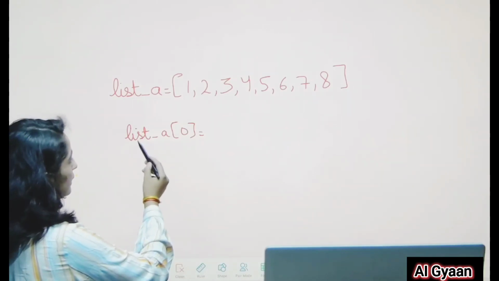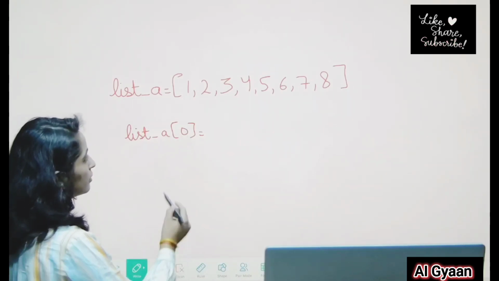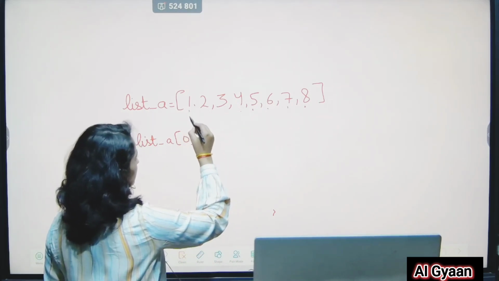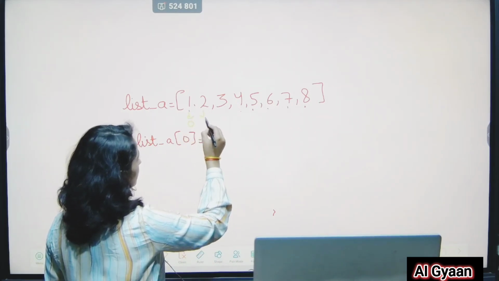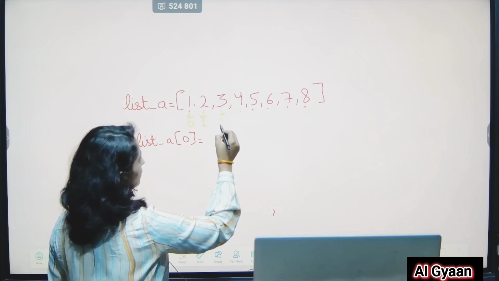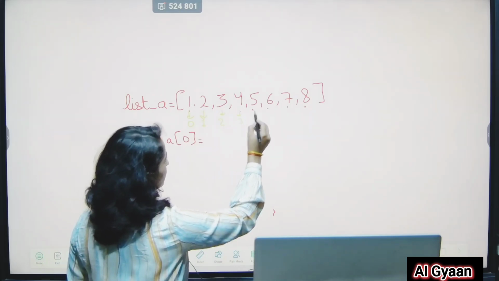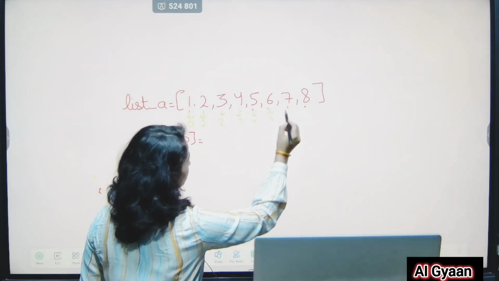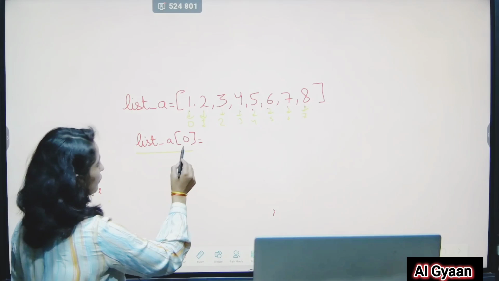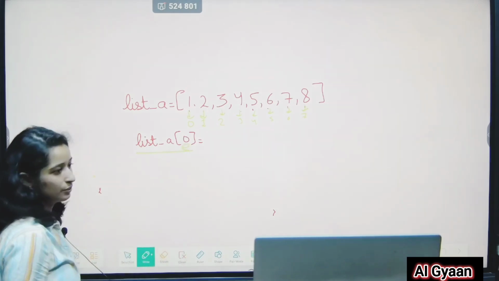Then I have written list index number 0. Positive indexing starts from 0 for the first element, 1 for the second element, 2 for the third, and so on. My question was to find the element at index number 0.